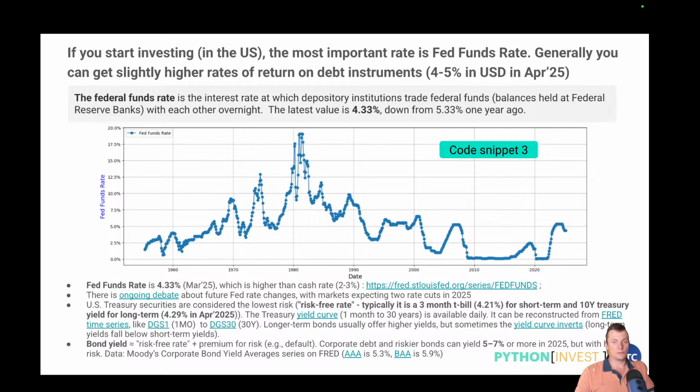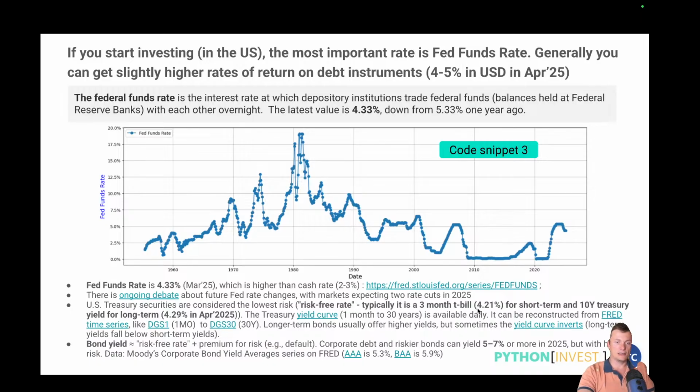But for you, you want to get something which is higher than the risk-free rate, which is 4.2%.